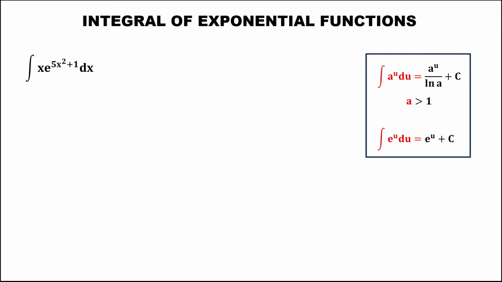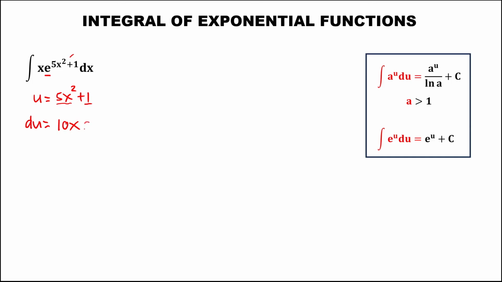Then for this given, to find the derivative, since this one is e, we have u equals the exponent, that's 5x squared plus 1. Then du, the derivative of u, so the derivative of 5x squared is 10x, and the derivative of a constant is 0.